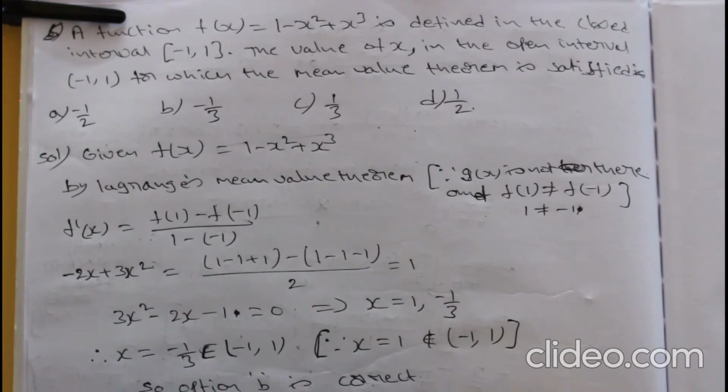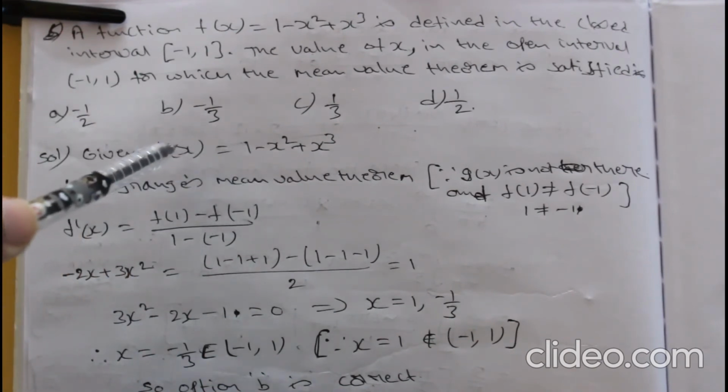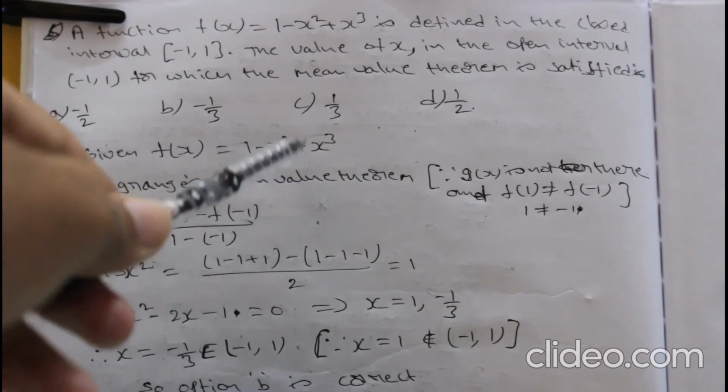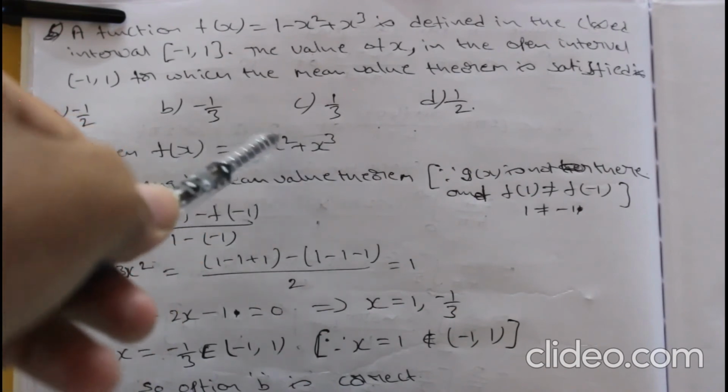For Rolle's theorem, there is one condition. Rolle's theorem is applicable only if f of a is equal to f of b. So here a is minus 1, b is 1. If you substitute minus 1 in this function, 1 minus 1 square is nothing but 1 minus 1, 1 gets cancelled, and minus 1 cube is minus 1.